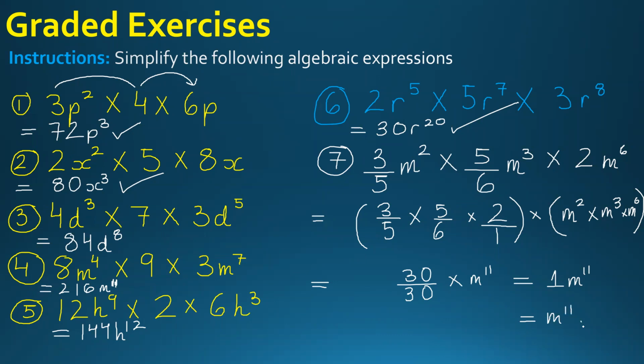So what we're doing is multiplying the top and the bottom. Where the 5 and the 6 and the 1 is, 5 times 6 is 30, and 30 times 1 is still 30.